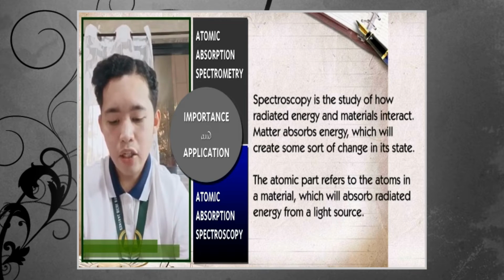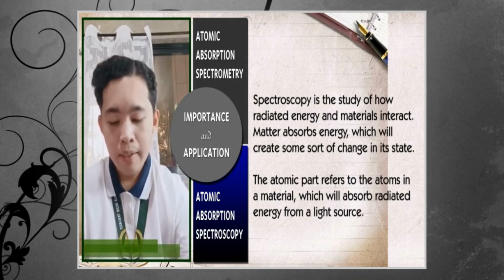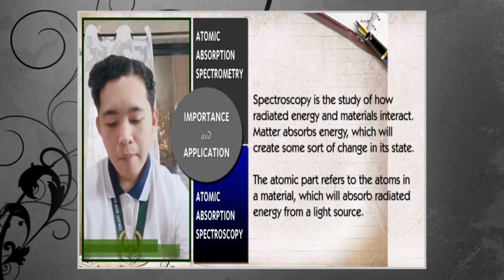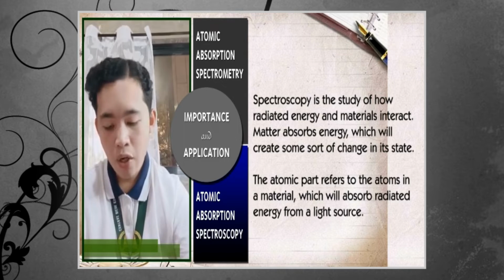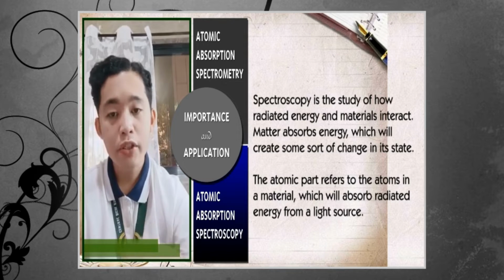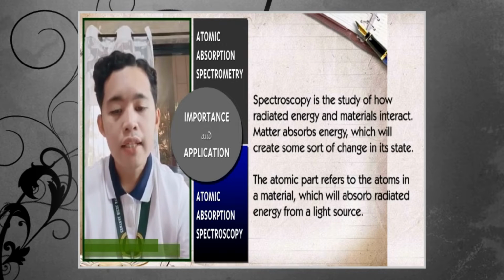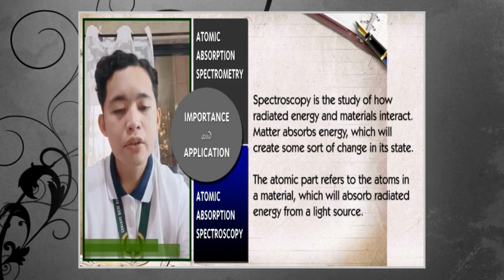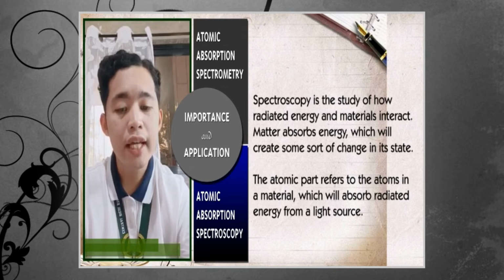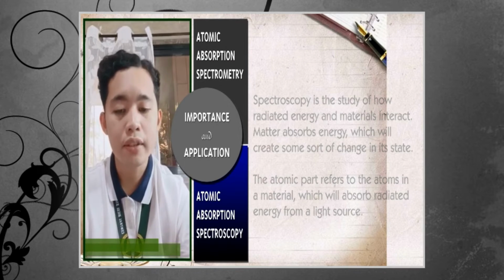Spectroscopy is the study of how radiated energy and materials interact. Matter absorbs energy, which will create some sort of change in its state. The atomic part refers to the atoms in a material which will absorb radiated energy from a light source.